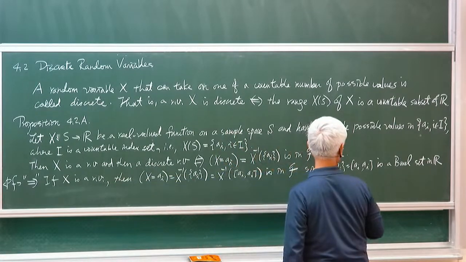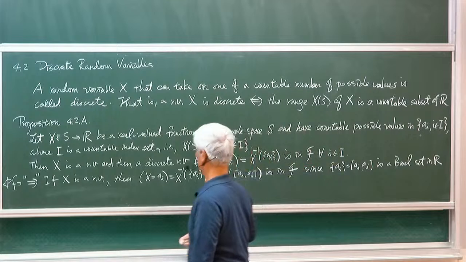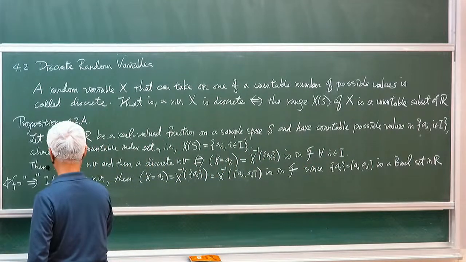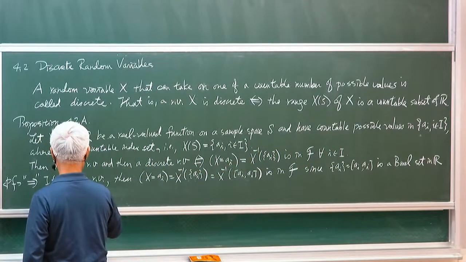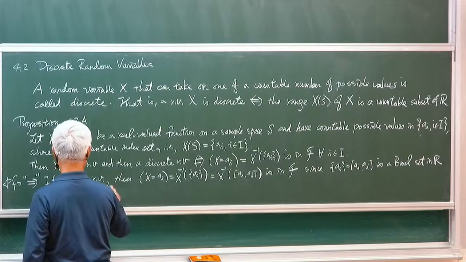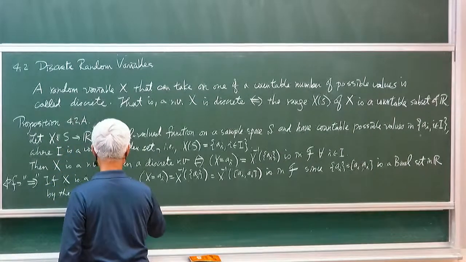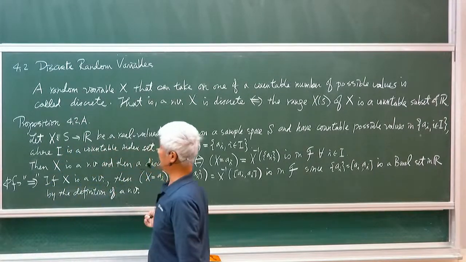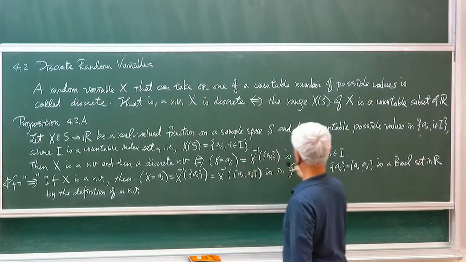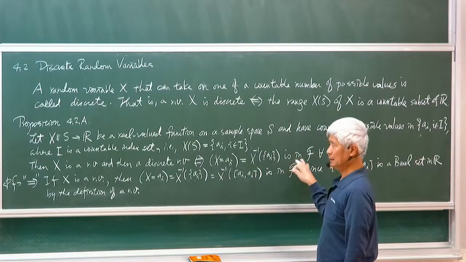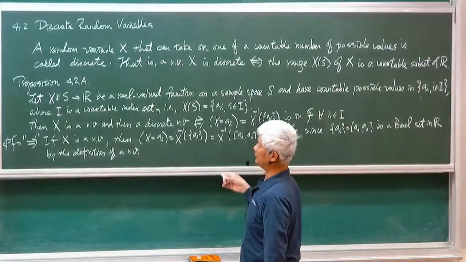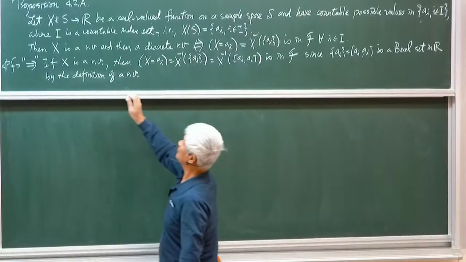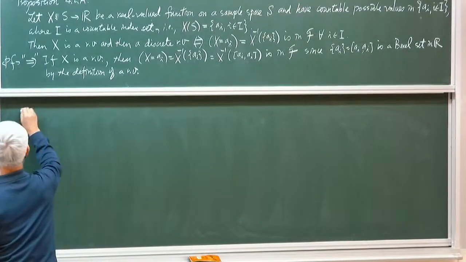By the definition of a random variable. So this is the forward direction, and the forward direction is simple. Now the backward direction.